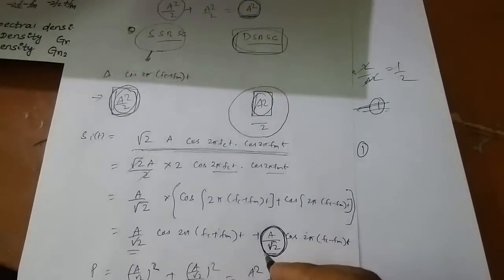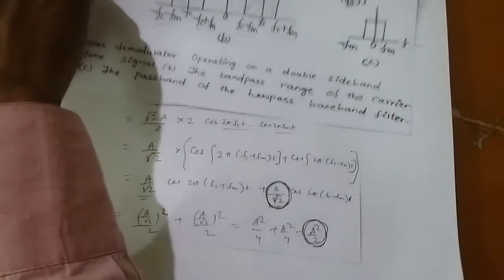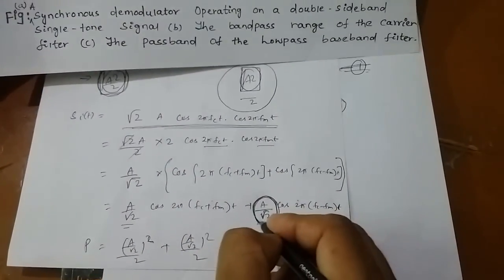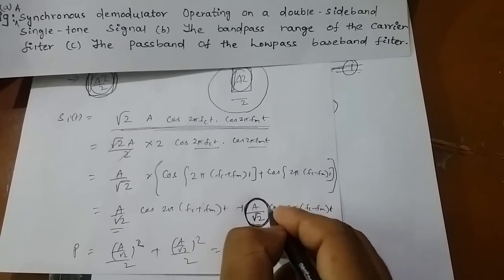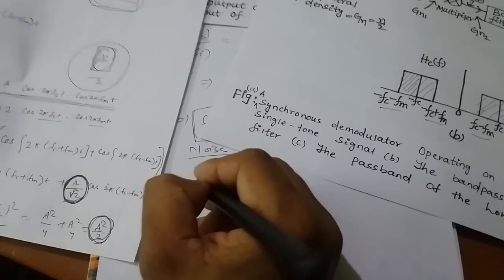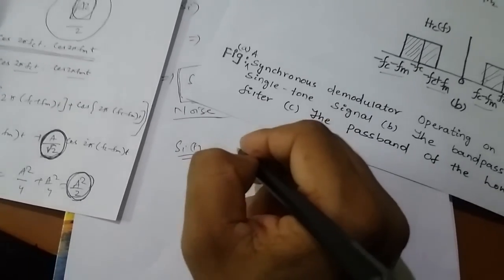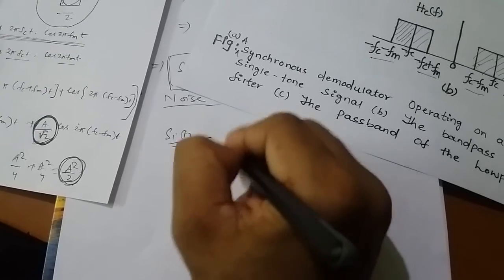Here Si of t is root 2 a cos 2 pi fc t into cos 2 pi fm t. When we simplify this, the amplitude of each sideband in Si of t was a by root 2.